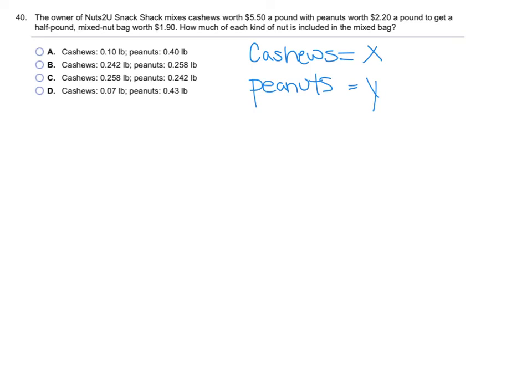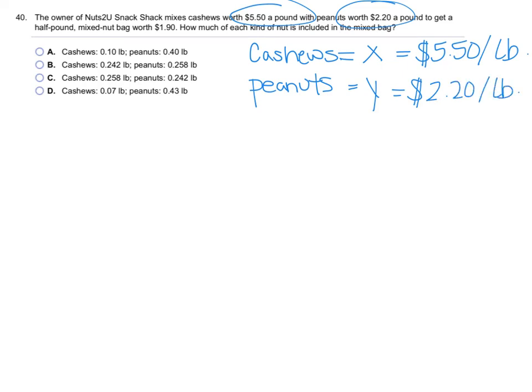Now I'm told that cashews are worth $5.50 a pound. So we'll make note of that. And then peanuts are worth $2.20 a pound. Lastly, I'm told that a half-pound mixture is worth $1.90.